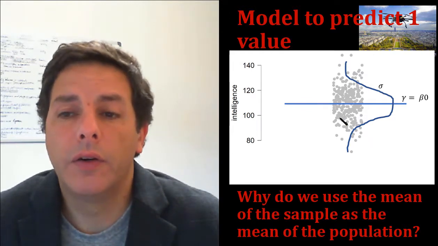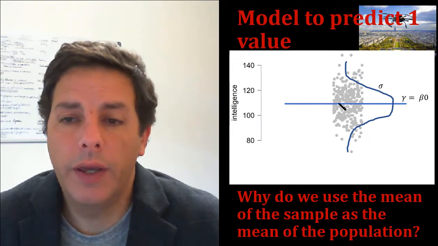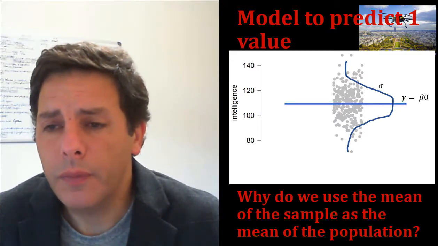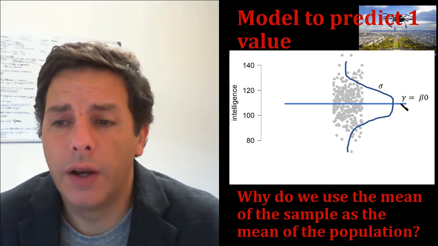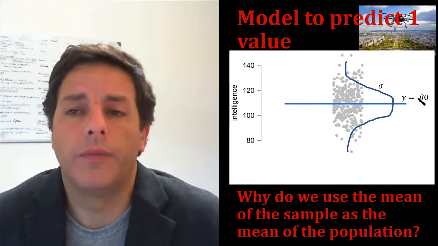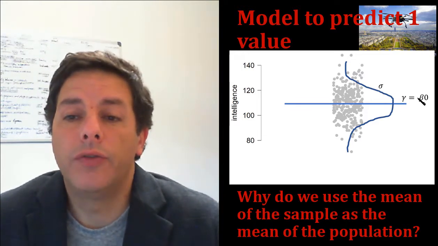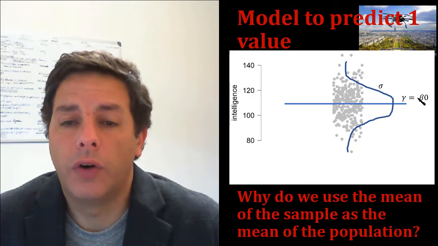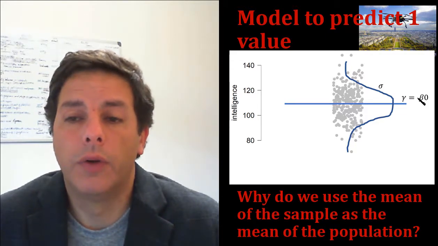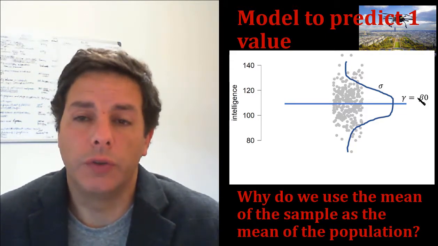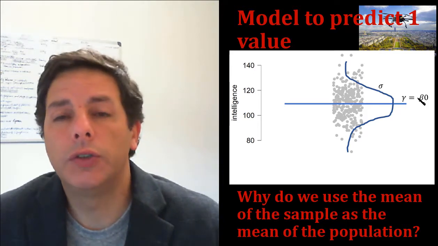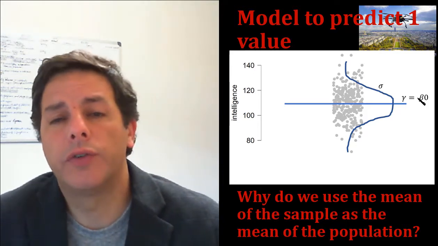So the mean of that is around here. Now, this line indicates the mean, and that is the value that we assume is the value of the population. So we make that assumption. The mean of the population equals the mean of our sample.